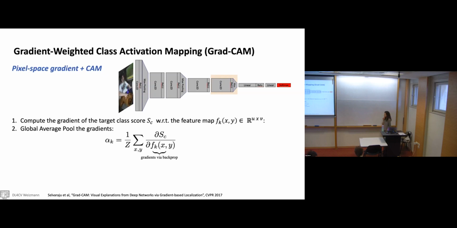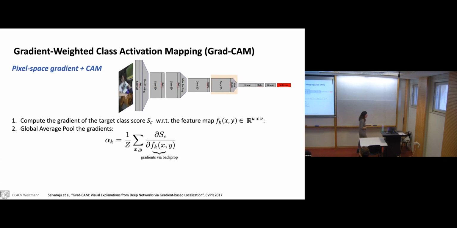And then I remind you that in class activation map, we had a score for each feature map, how much it was activated, by taking the average pool values over this feature map. So here we are computing this alpha k, which has a very similar meaning.